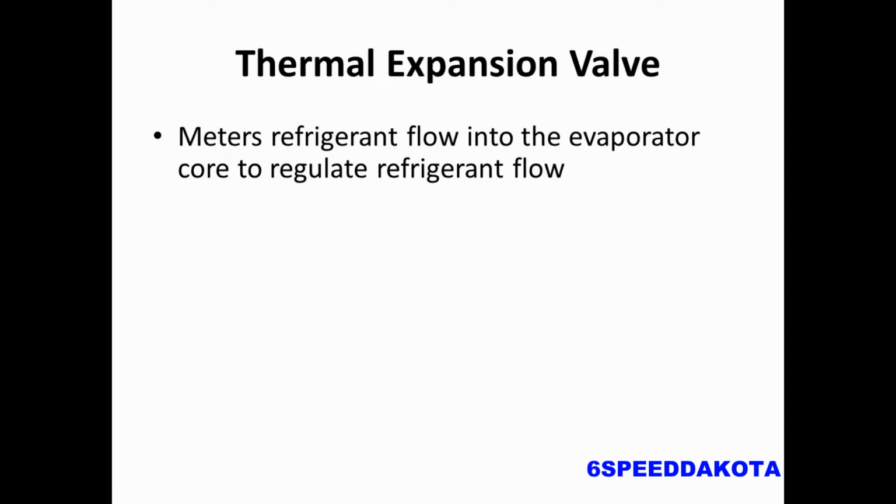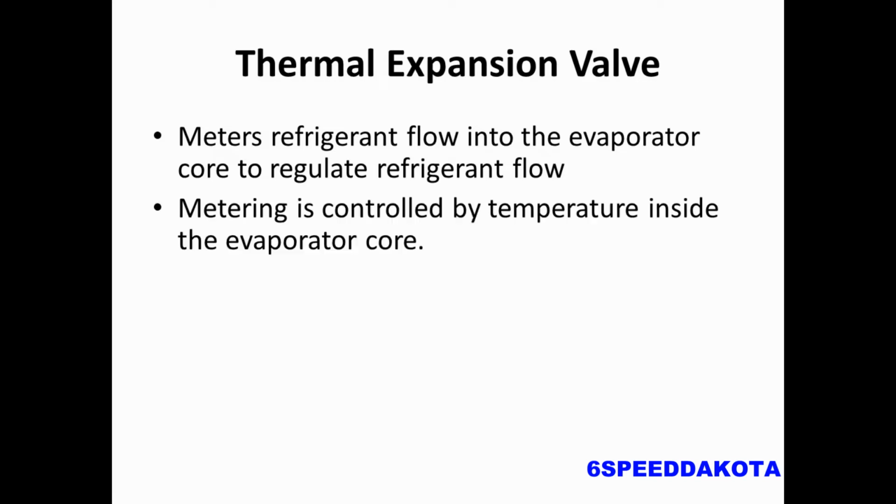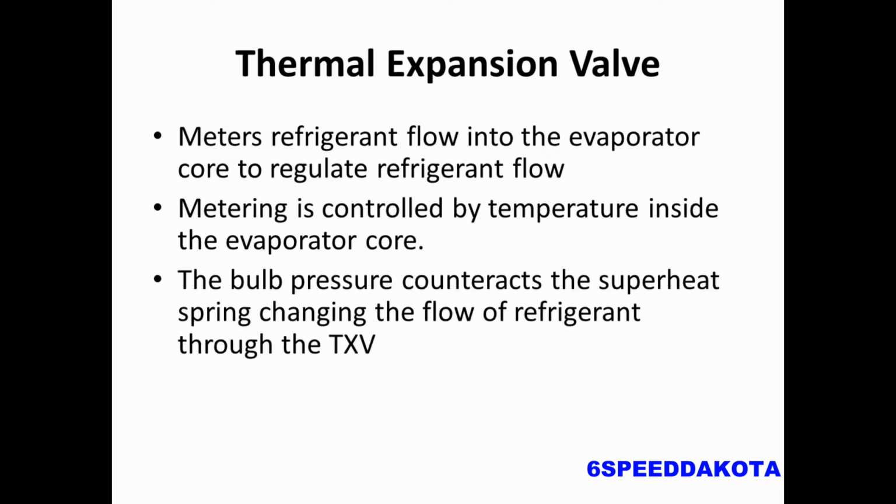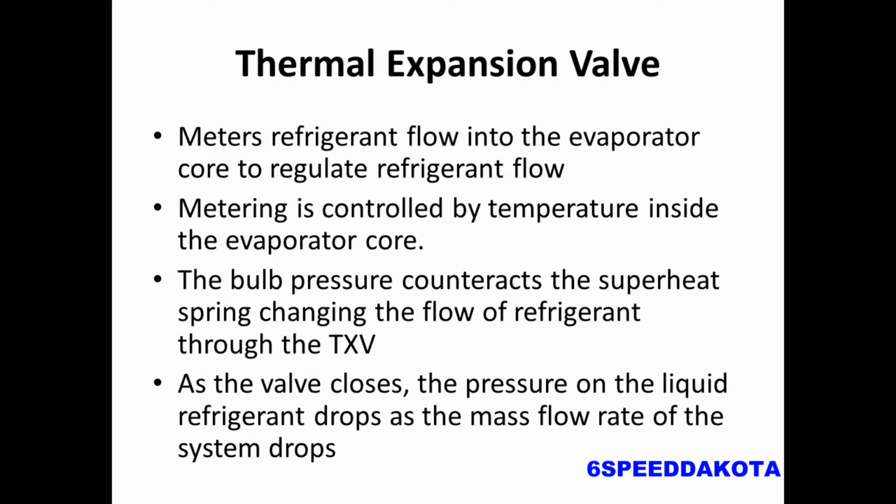So it meters the refrigerant flow into the evaporator, and it regulates the flow. The metering is controlled by the temperature inside the evaporator core. The bulb pressure counteracts the superheat spring, changing the flow of refrigerant through the TXV. As the valve closes, the pressure on the liquid refrigerant drops as the mass flow rate of the system drops.